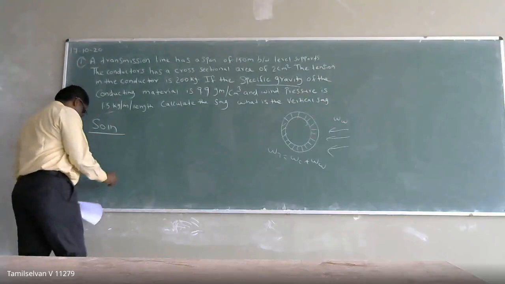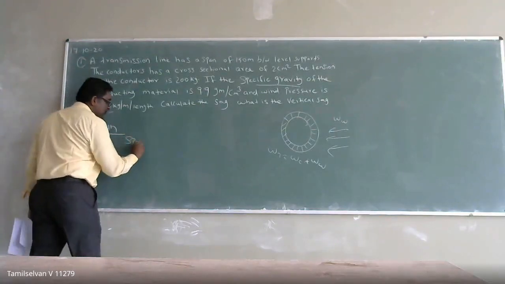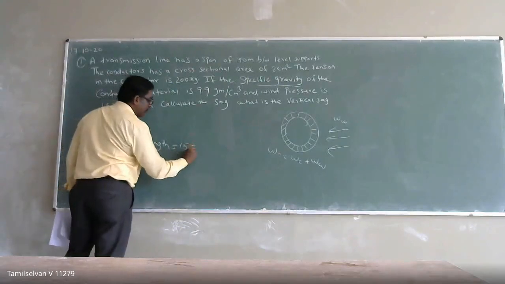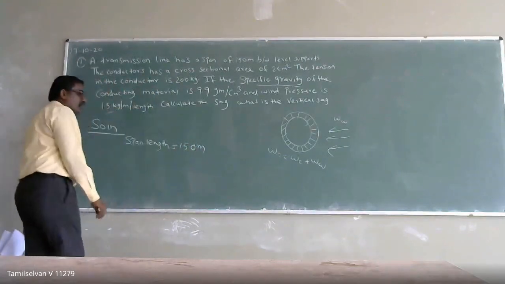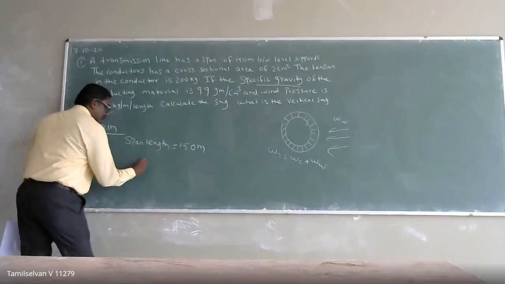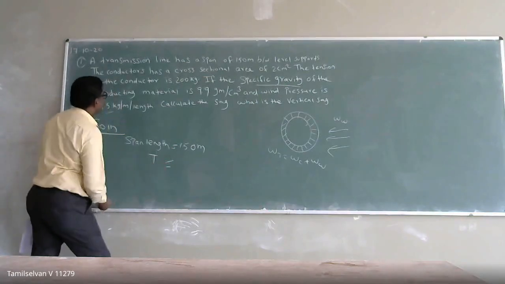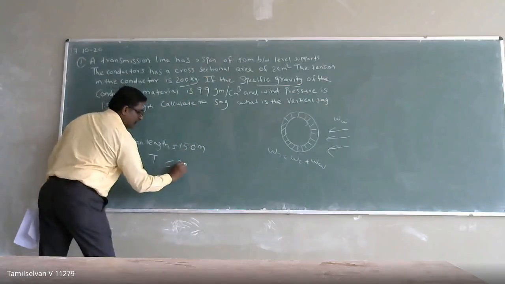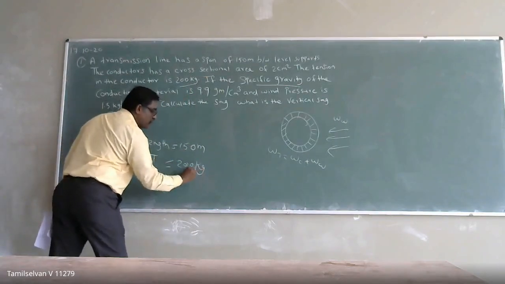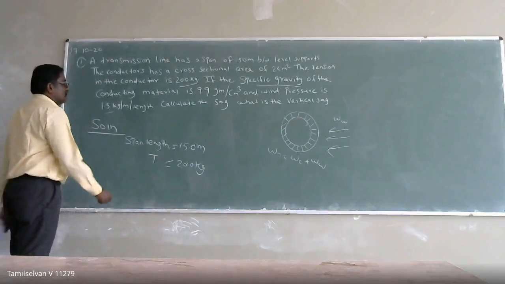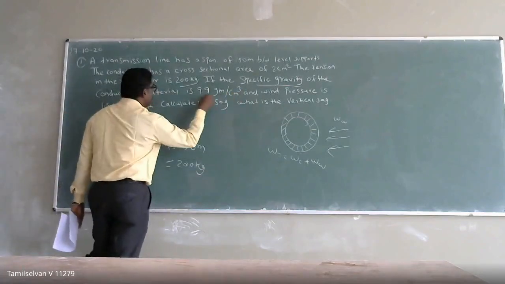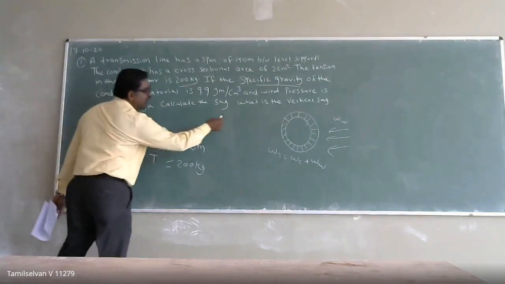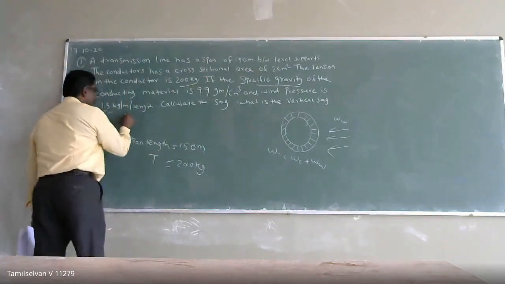The span length is going to appear as 150 meters. And they have given the tension as 200 kg. The specific gravity they have given for the conductor, and the wind pressure.